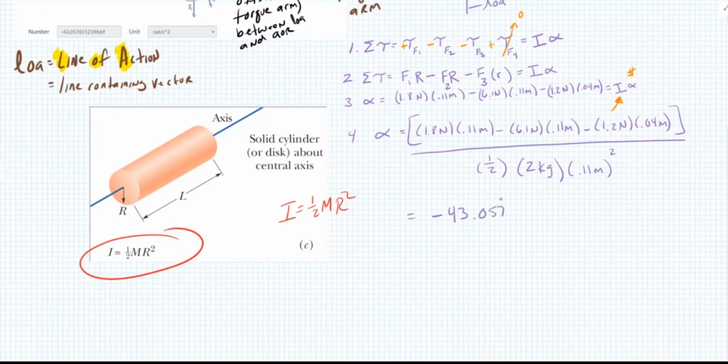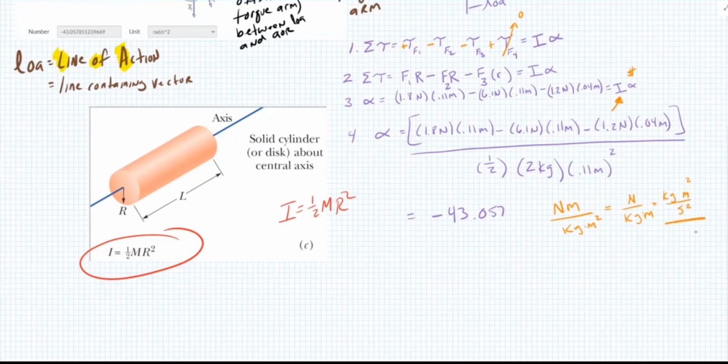Time for some dimensional analysis. For sure. My numerator is a Newton times a meter. My denominator is a kilogram meter squared. What the heck is that? Well, this becomes a Newton over kilogram meter, and I know a Newton is a kilogram meter per second squared.